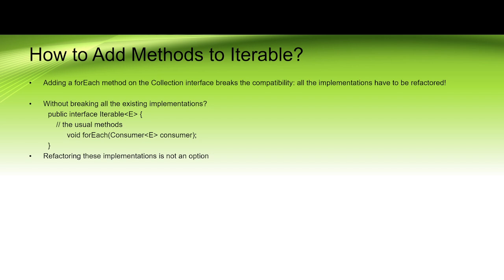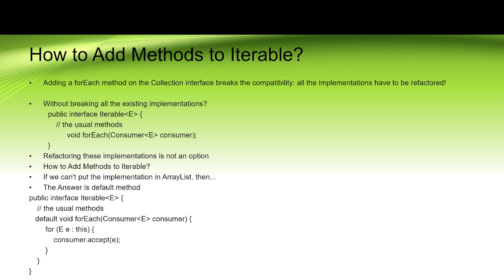If forEach was added to Java in Java 7, we would have to refactor every class using the interface, a nearly impossible task due to its wide range of uses. How to add this method to Iterable in that case? Java 8 has introduced a default method, a revolutionary feature that let us add the new methods to an interface without needing to modify the existing implementation.